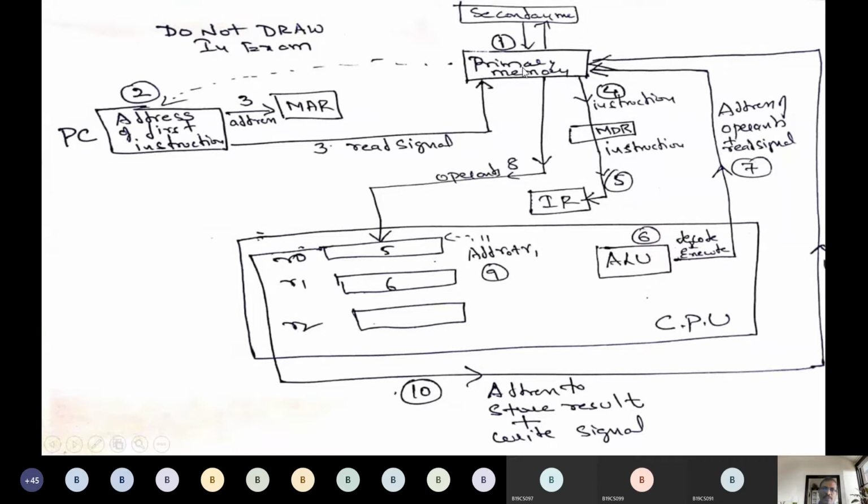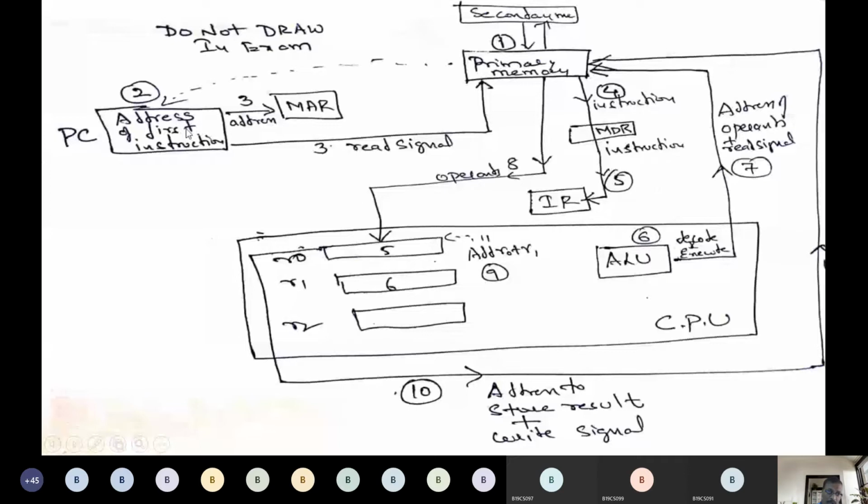For that purpose, the first step is that the address of the first instruction is copied into the program counter. Next, from here, the same address is copied into MAR, the memory address register.